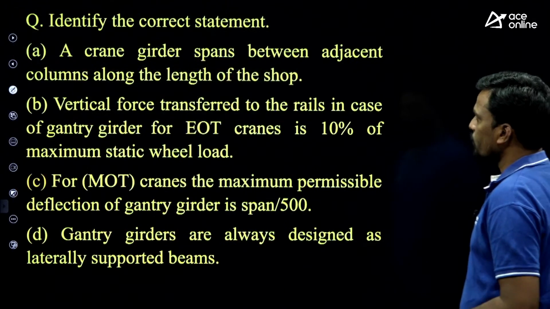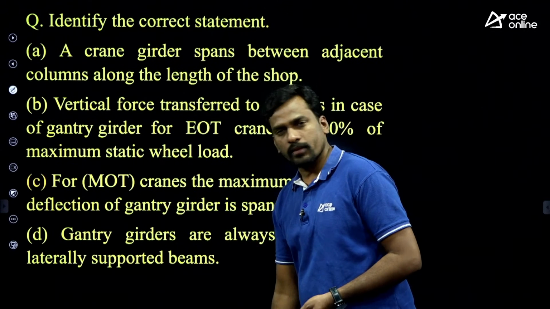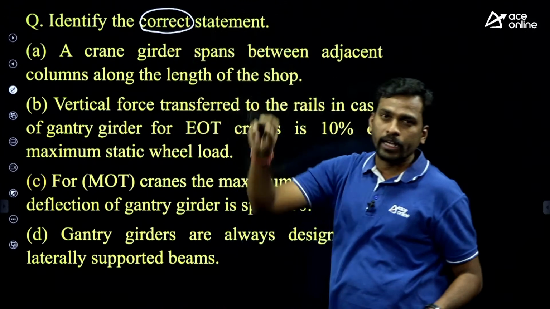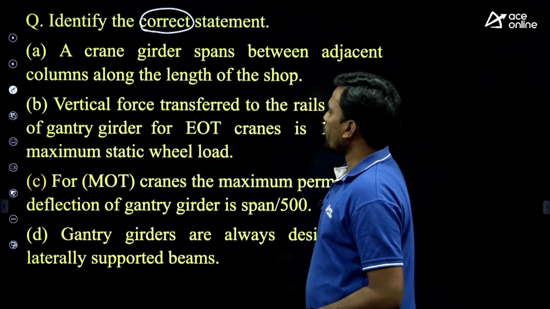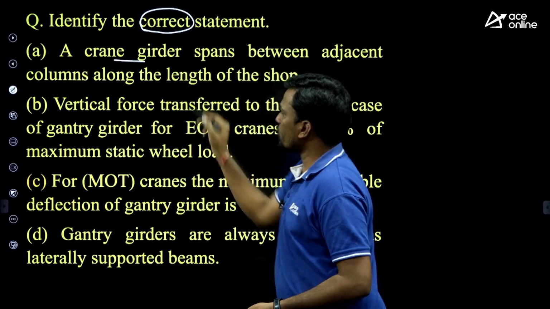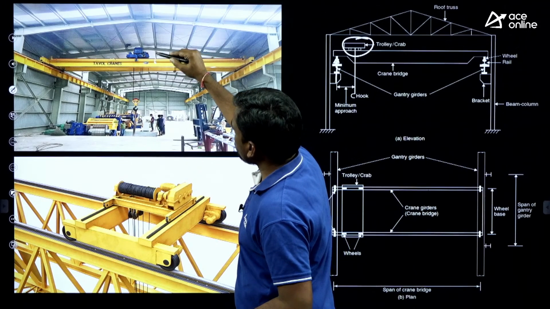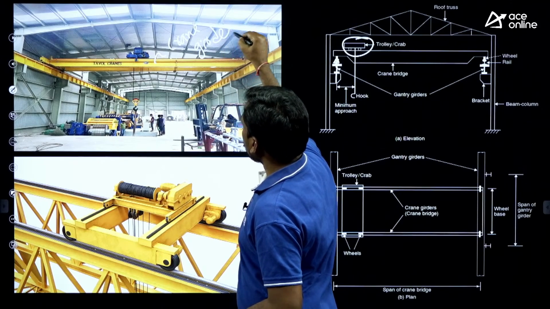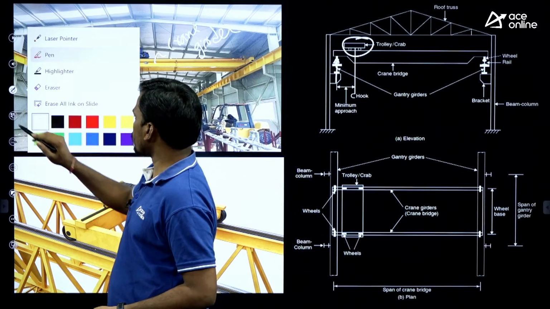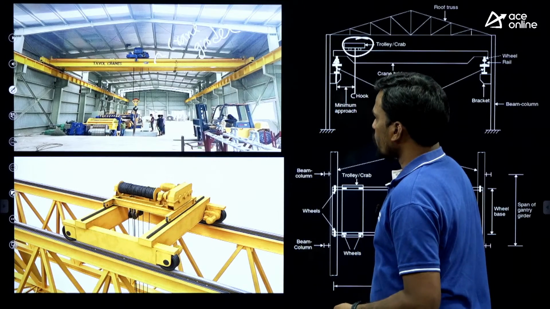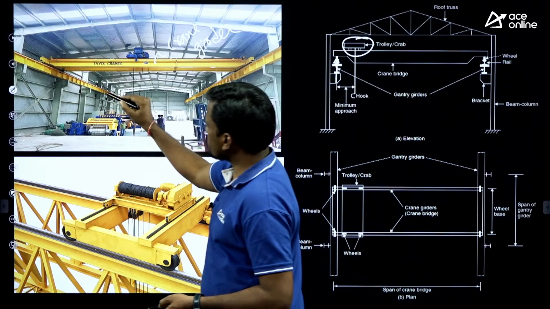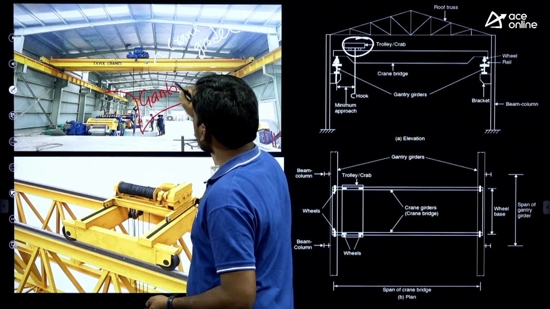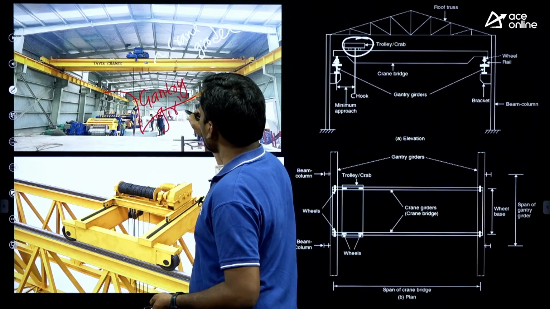Now again, this is a question from the same gantry girder topic. Identify the correct statement. Students, a crane girder: this is the crane girder actually, and this long beam is called the gantry girder.